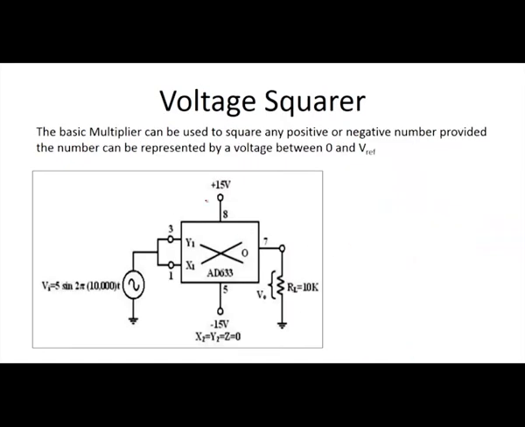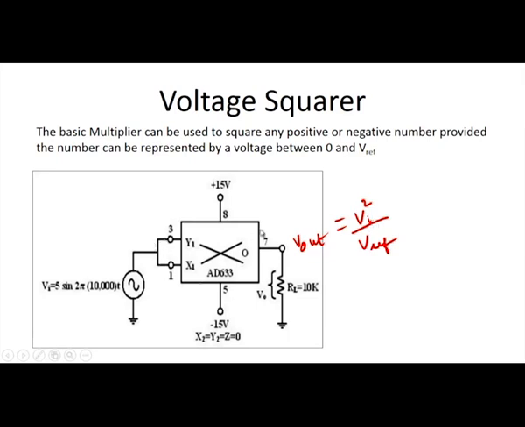And this is another application of the multiplier. Here this is a voltage squarer circuit. Can you just tell me what is the output of this squarer? The output voltage is Vi square by V reference, because if the input terminals are shorted and given only one input signal, say Vi, the square appears at the output.